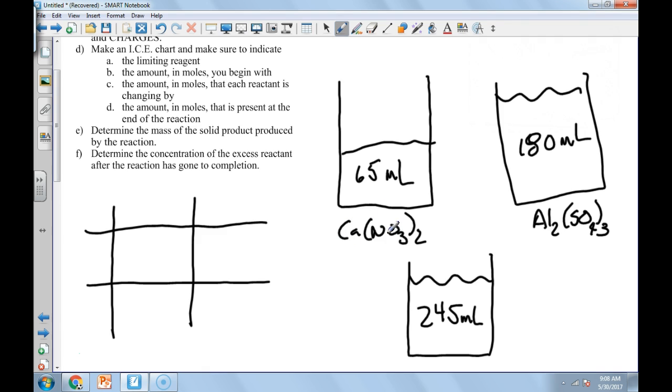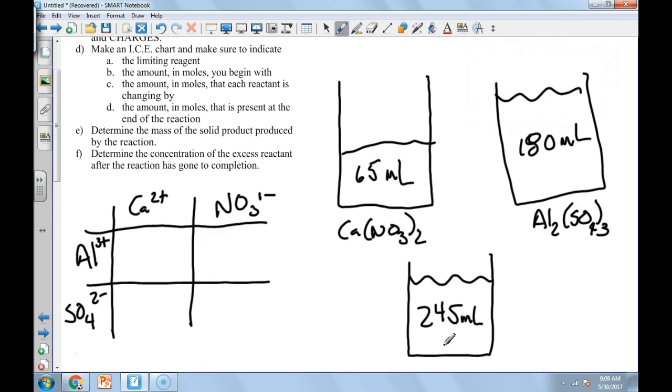We're going to take calcium nitrate, calcium ions, 2+, and then nitrate ions, NO3, 1-, and then here we're going to do aluminum ions, Al is 3+, and then the sulfate ions, and sulfate is SO4, 2-.